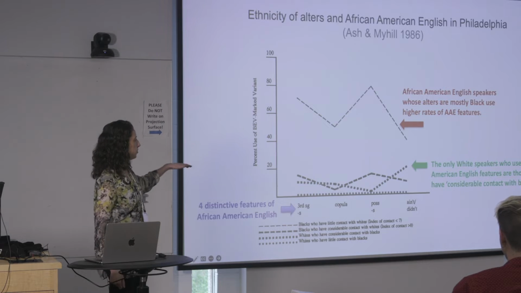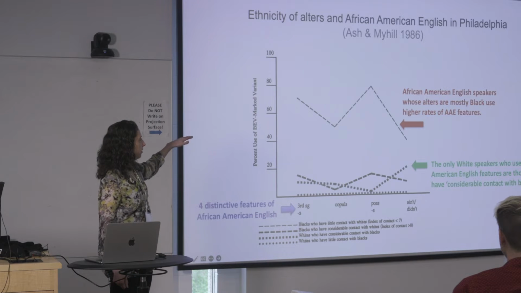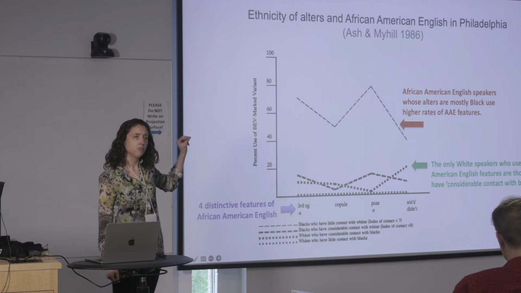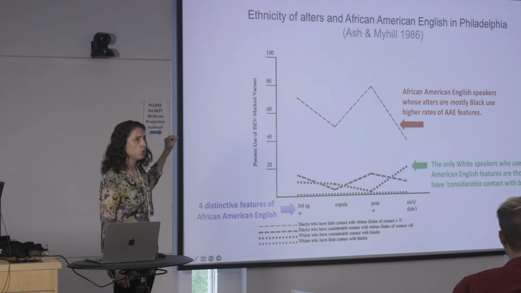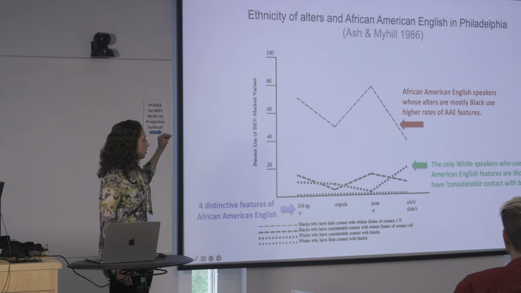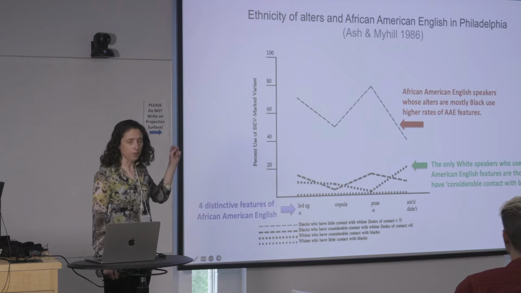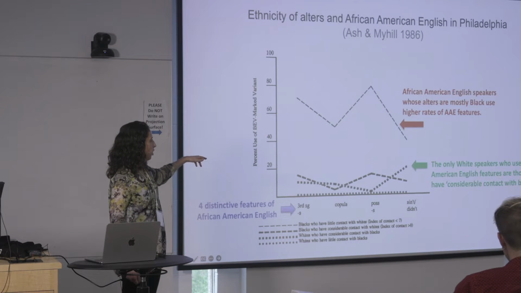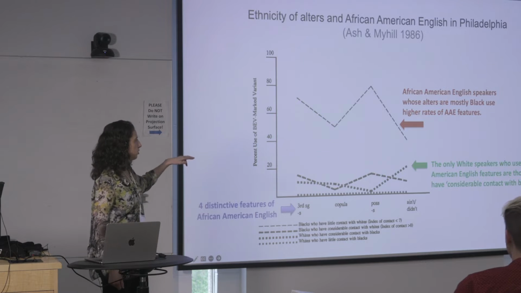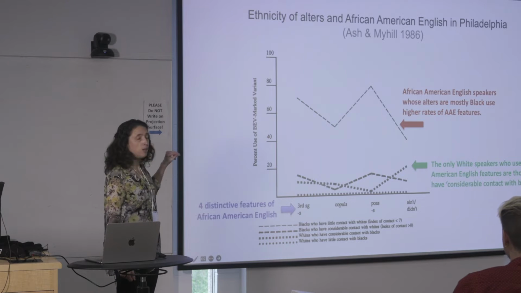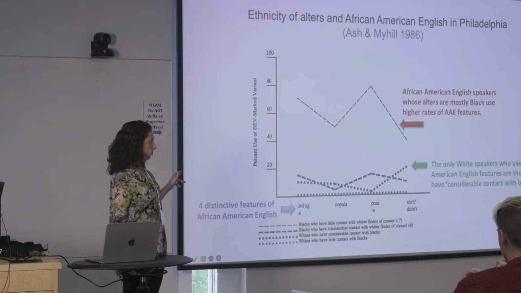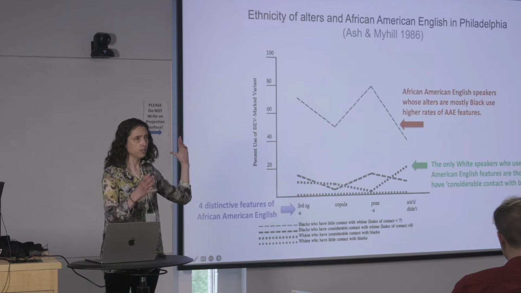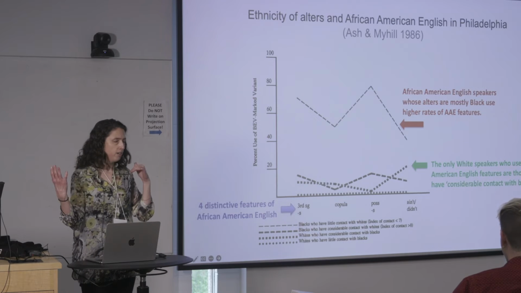Then you've got 4 groups of people, and what we find here is that the only people who use high rates of those features of African American English are Black speakers whose alters are mostly Black, right? And then among the other speakers, you can see that the only white speakers who use African American English features at all, really, are the white speakers who have some friends who are Black, right? So this is kind of like an early study, and this is what a lot of them look like.